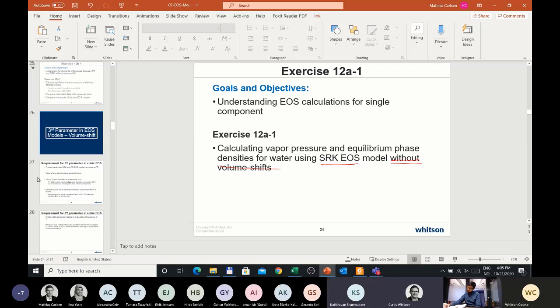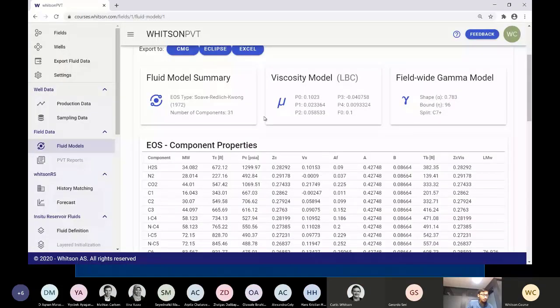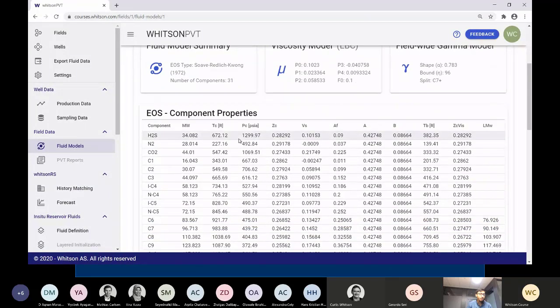Okay, thank you. What you see on the screen is the software within PVT, and I think everybody has access to that. If you just go to courses.witson.com and log in with your email and password, and go to the fluid model, here we see the equation of state model that we are going to develop today.